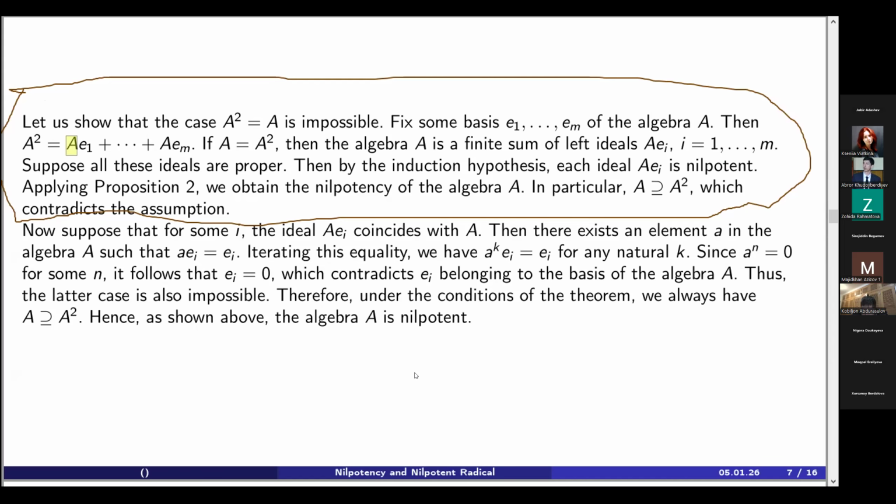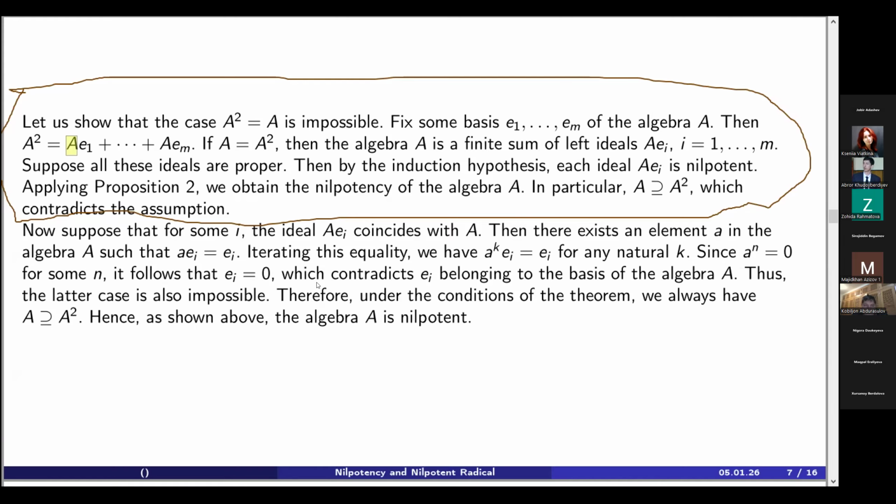Потом, если у нас а равен а квадрат, тогда алгебра А — конечная сумма левых идеалов А и М, здесь и от единицы до m будет идеалом.